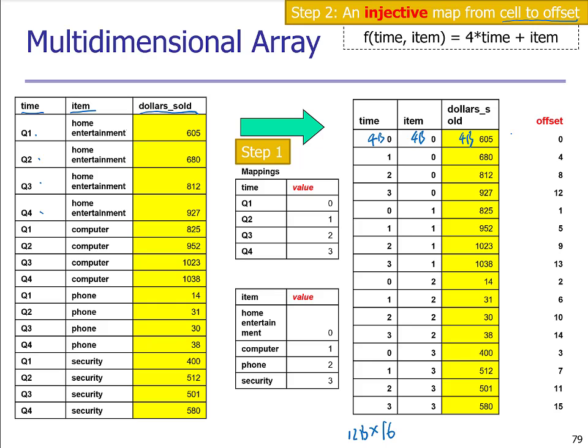For example, because we know that item is from 0 to 3, we can simply use 4 times time plus item as the offset. We call it the offset, or the address, of this time-item combination. So we have 0, 4, 8, and so on. For each offset, for example 5, we can simply decode it into the time and item combination 1 and 1.